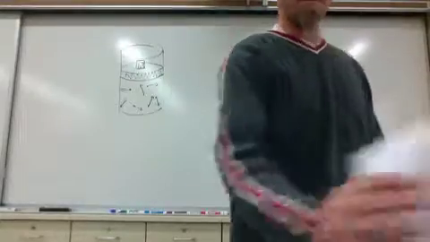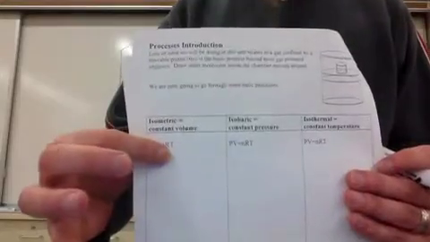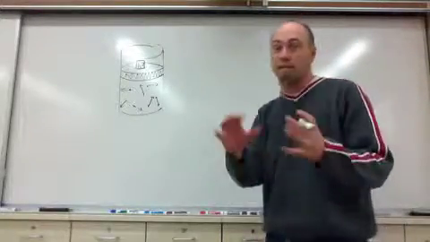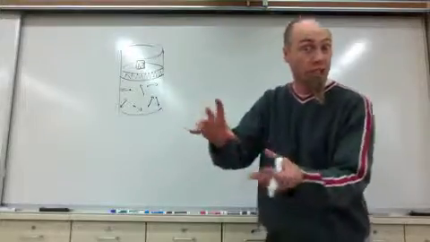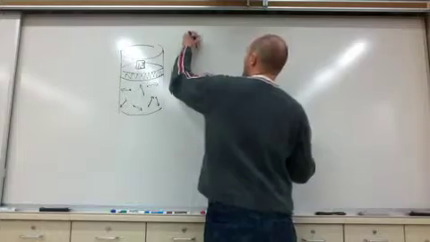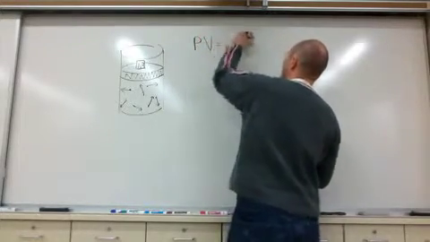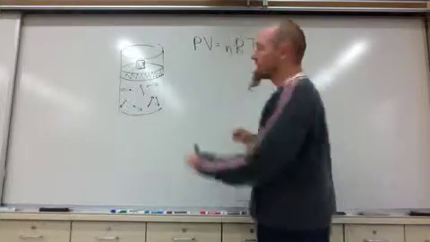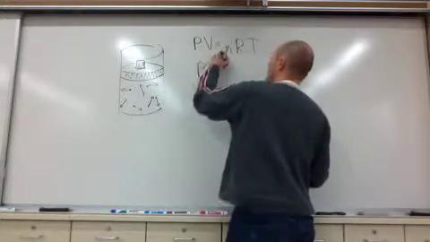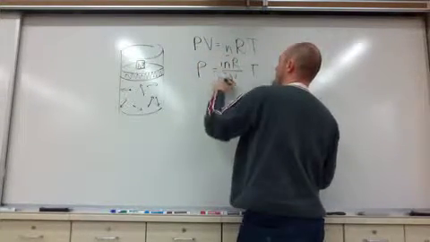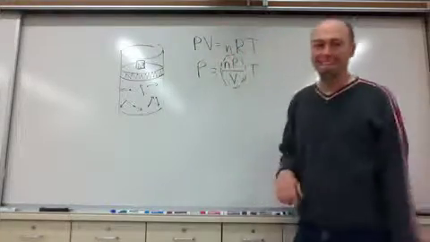Okay. First, we will do this one here, which is isometric. Isometric means constant volume. Metric, like something's metric, you're measuring, so constant volume. But if we have PV equals nRT, what this is saying is this V is constant. So that means I have P equals nR over V times T, where this whole thing is constant.